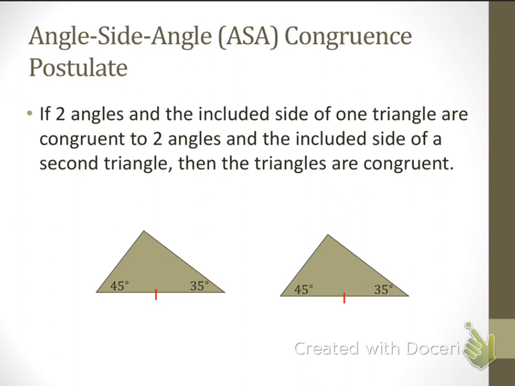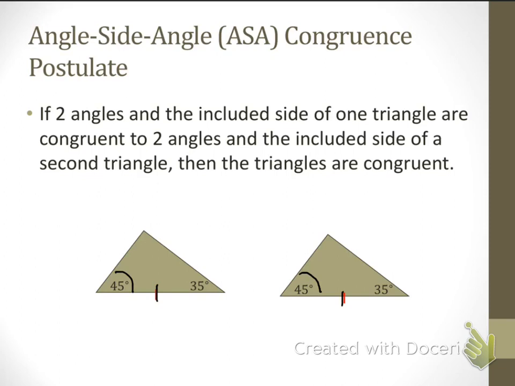Okay, the third type that we're going to talk about is called the angle-side-angle congruence postulate. It says that if two angles and the included side of one triangle are congruent to two angles and the included side of a second triangle, then they're congruent to each other. So here you see that this is 45 degrees. Obviously that matches with another angle that is 45 degrees. This side is included.